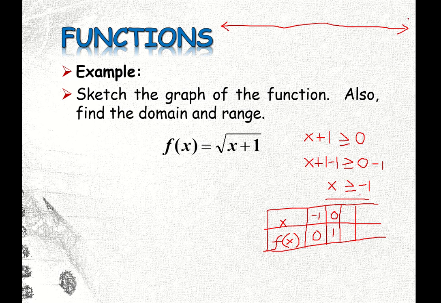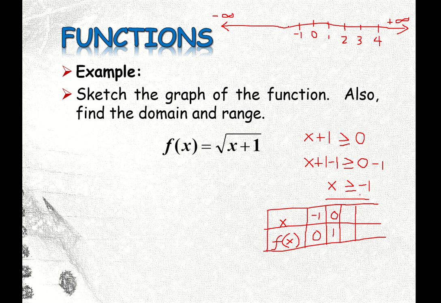This is our positive infinity, this is our negative infinity. Assuming this is our 0, this is negative 1, we have positive 1, positive 2, positive 3, positive 4.